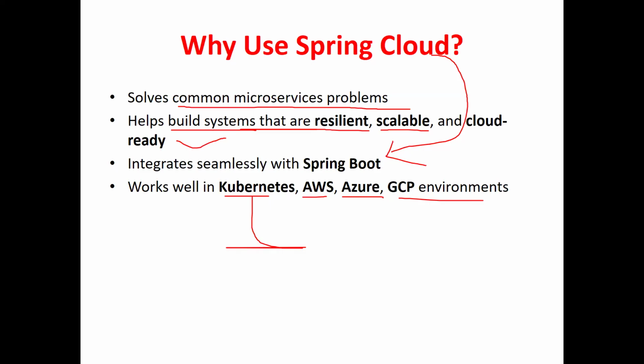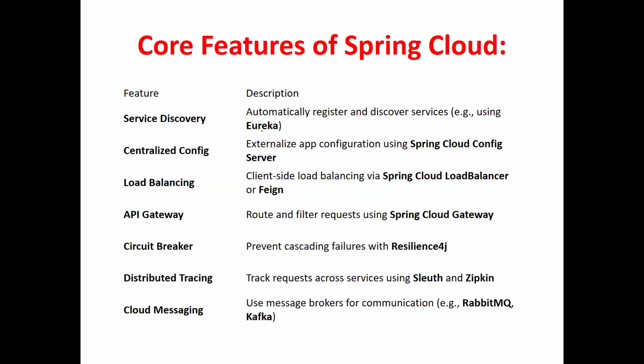Spring Cloud gives us a couple of features like service discovery, centralized configuration, load balancing, API gateway, circuit breaker, distributed tracing, and cloud messaging. Out of that, we will integrate a couple of things in our architecture.